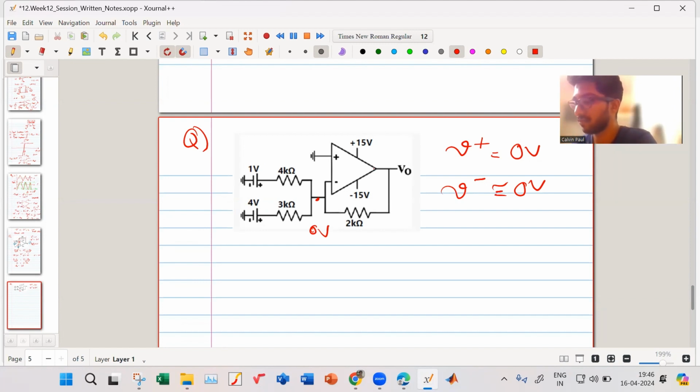Again, at that node, we can apply KCL. Okay, so again we apply KCL. This is one current, this is one current, and this is another current. So what will we get?